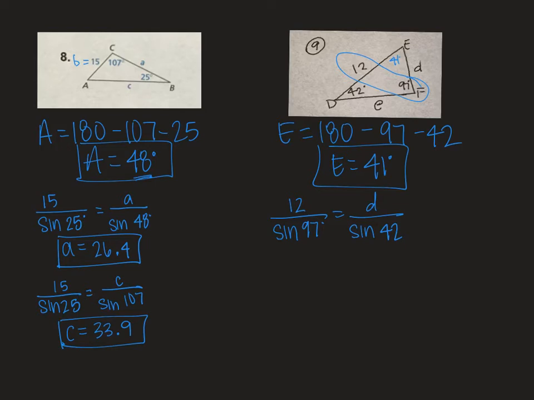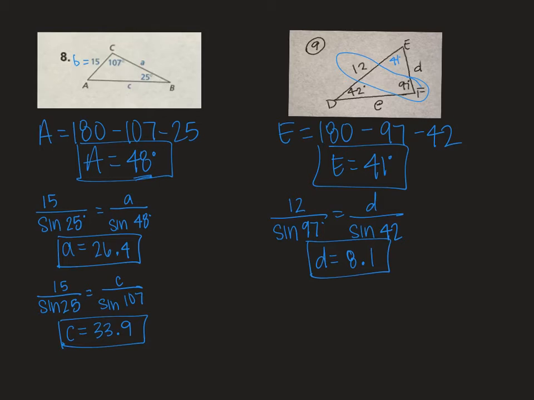So in my calculator, 12 divided by the sine of 97, which is 12.0901179, so on. And then I'm going to multiply that by the sine of 42, which to the nearest tenth is going to end up giving me about 8.1.